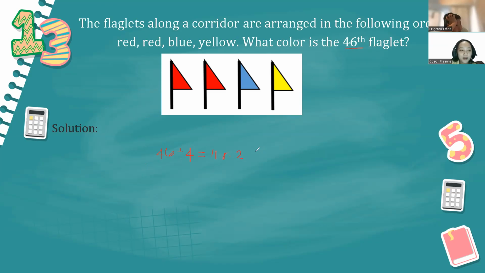So if we have a remainder of 2, that means that the second flaglet in this pattern is the 46th flaglet. That is color red.